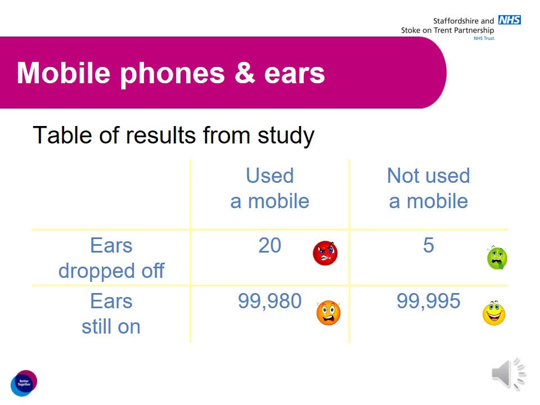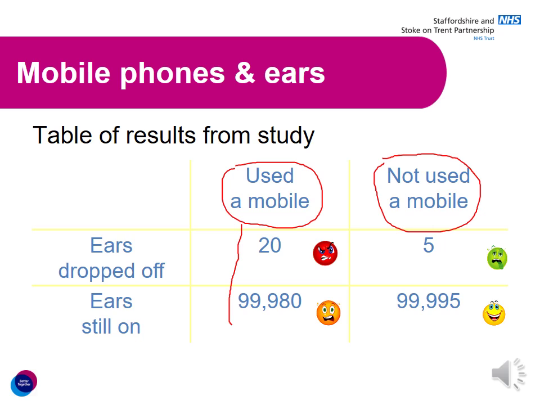But notice that out of the group that we got to use a mobile phone, here, quite a high proportion of those lost their ears compared to the group that hadn't used a mobile. Here, it seems like there's a lower proportion that lost their ears out of the whole. So this is fairly easy to interpret because the groups are exactly the same. There's 100,000 in each group.